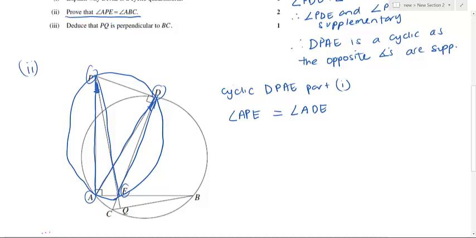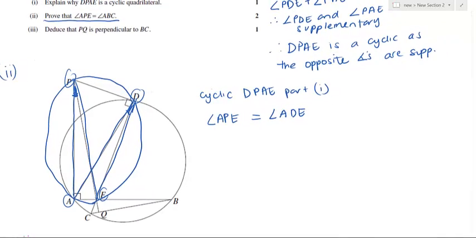We can't say butterfly, so that's not the technical proof. The technical proof is angles standing on the same arc are equal. The arc that they're both standing on is AE.